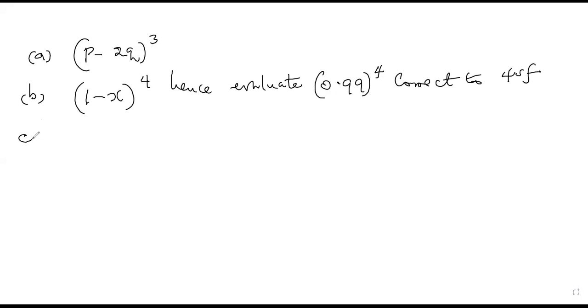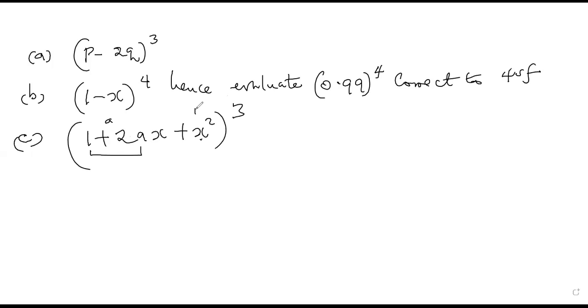Another one, C, I want you to expand 1 plus 2ax plus x squared, the whole of that, to the power 3. The hint I can give you on this: consider this one to be one thing and this one to be the other. So the whole of this one can be maybe your A and this one your B. That is the only hint I can give, so that you do it on your own.